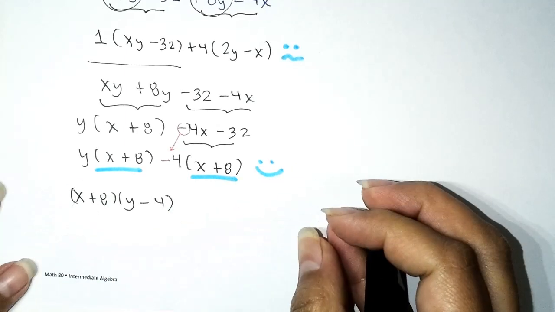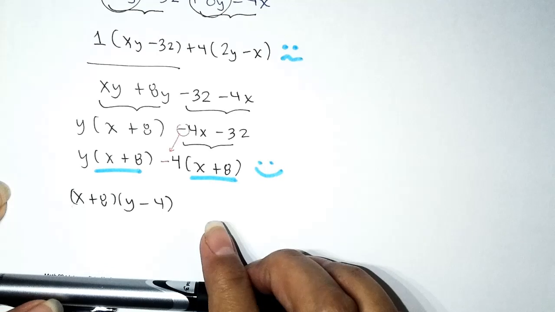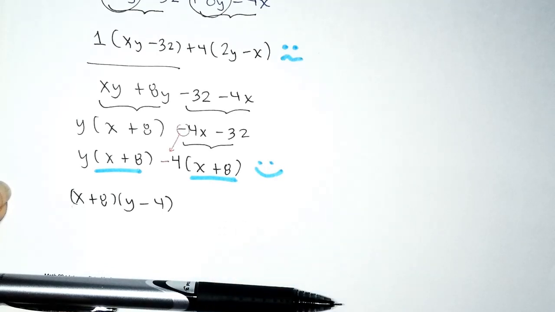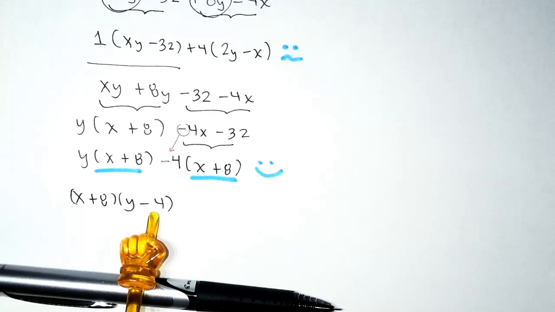So we have factored. Again, what does it mean to factor? When you are asked to factor, that is code for write me as a multiplication problem, and we did. But the question is, did we factor all the way? x and 8, they don't have any factors in common other than 1, so we're good. y and 4, they don't have any factors in common other than 1, so we're good. So the moral of this story is that we did factor all the way.